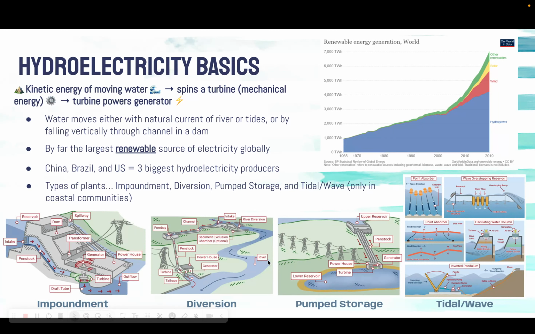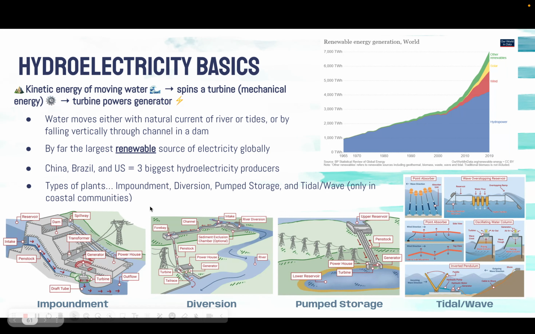And so there are different types of systems down here to collect that water. Again, it either happens with the natural current of the river or the tide. There'll be some kind of equipment in there that's going to move and create enough kinetic energy to spin a turbine, or it's going to fall through a channel in a dam like this right here and physically spin this turbine.